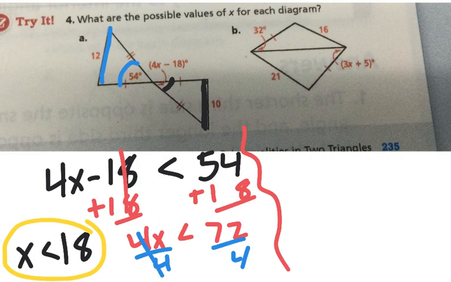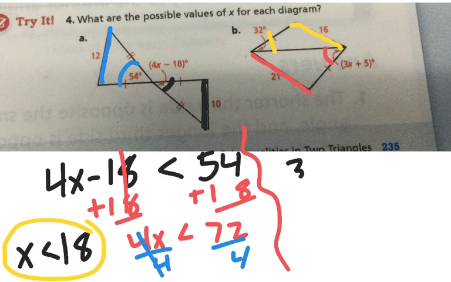And so when I look at the angles, I have 32 degrees, and across from 32 degrees is a side length of 16. And then here I have an angle that's 3x plus 5, and its side length is 21. So because the red side is bigger than the yellow side, that means the red angle must be bigger than the yellow angle.